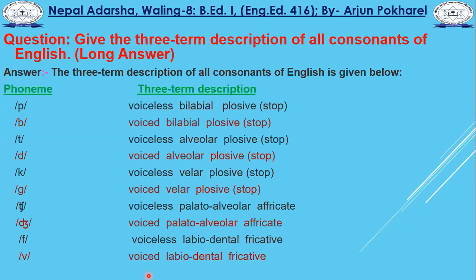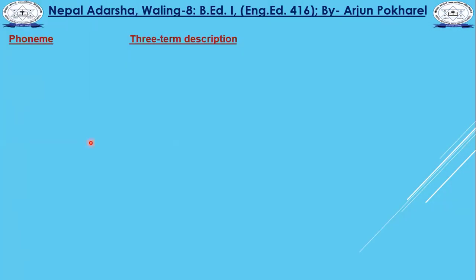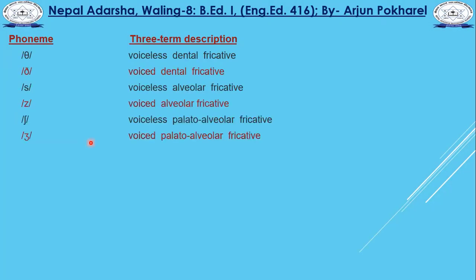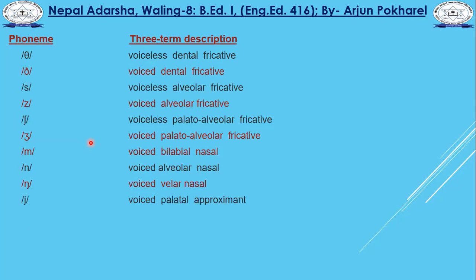You have to describe these. Voicing, place of articulation, and manner of articulation are the three-term description. These are the different ways of describing. You must not make any mistakes while describing the consonants.